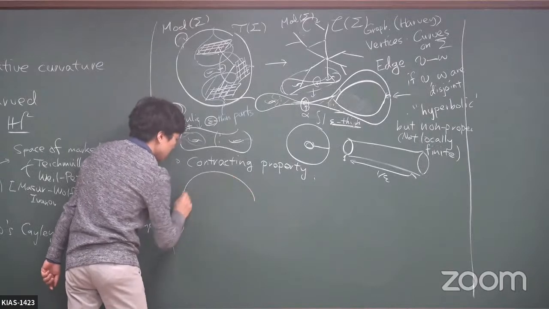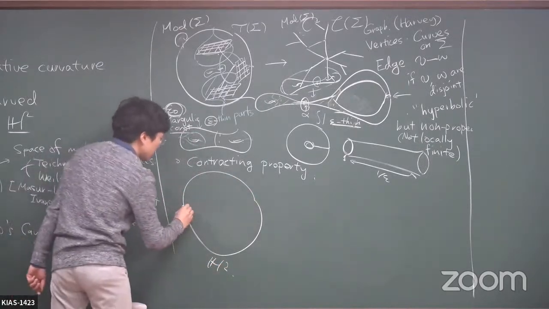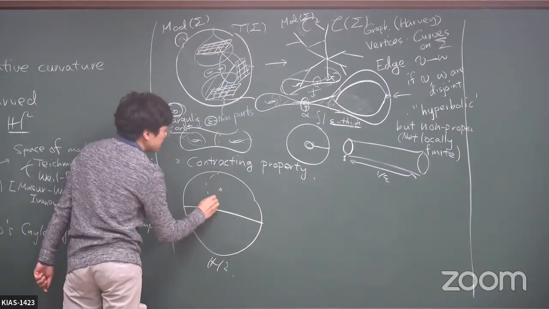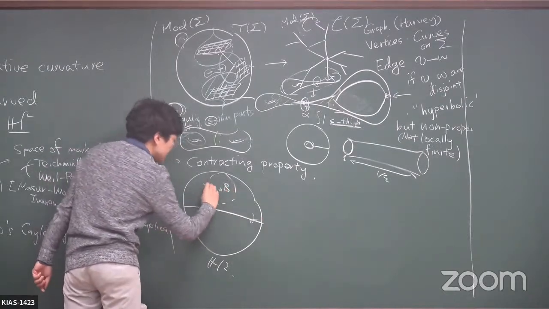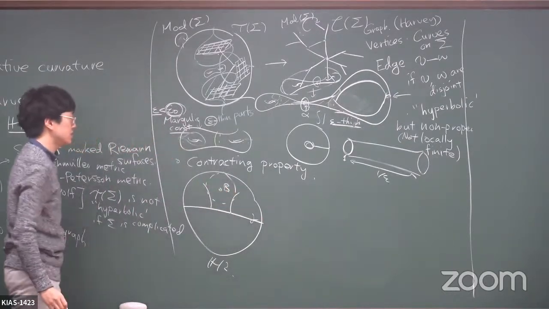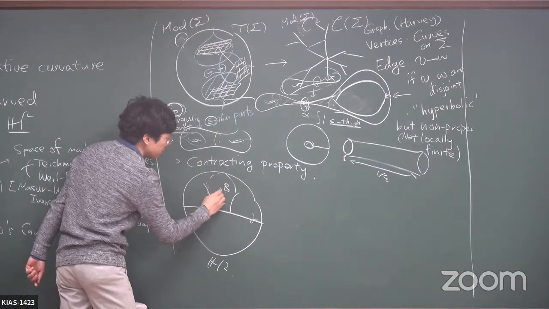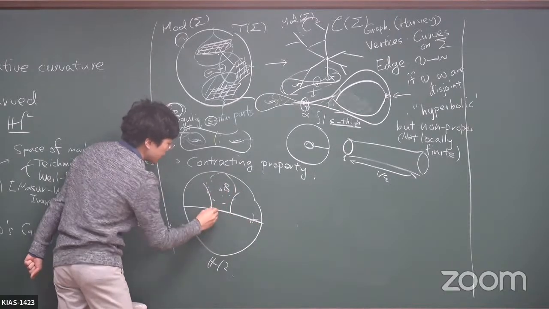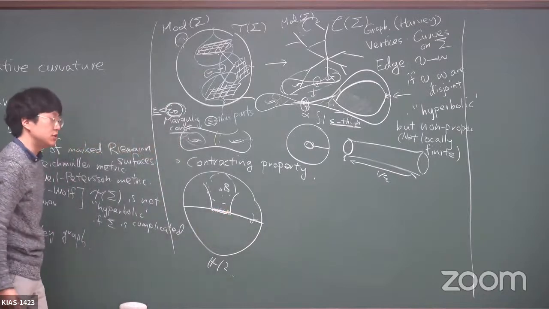So in H2, if you draw an infinite geodesic gamma and another ball that's disjoint from this geodesic, then take the nearest point projection of each point of this ball to gamma, and you will see this kind of shadow. And the size of this shadow is uniformly bounded.